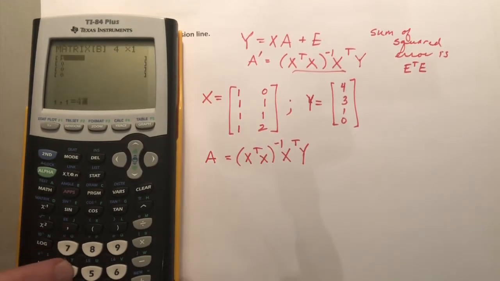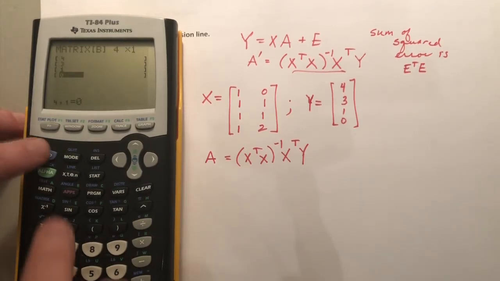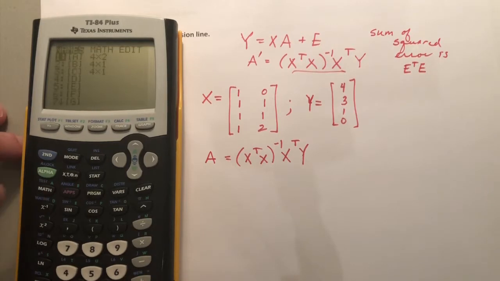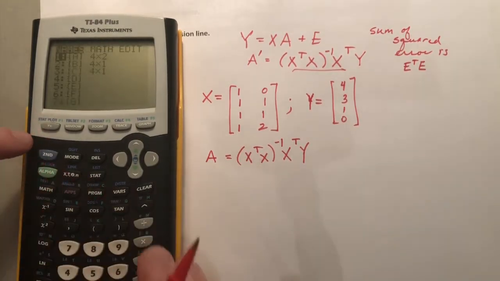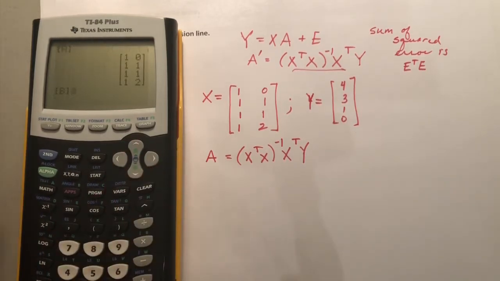So this is 4, 3, 1, 0. Now I always like to check my matrices. Sure enough, that's my matrix X. And then matrix B, that's my matrix Y. Sure enough, I have everything.